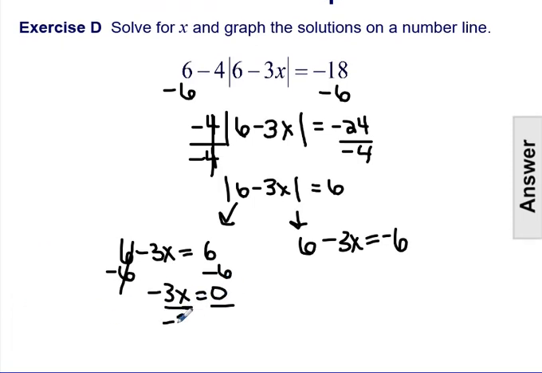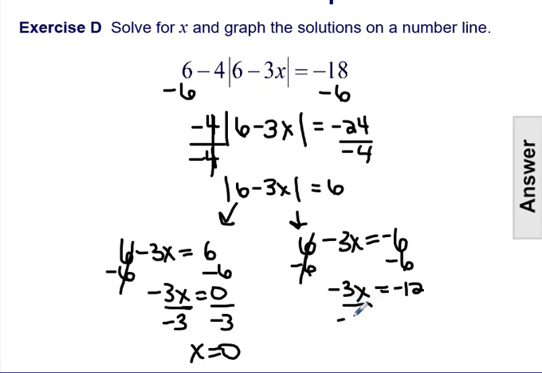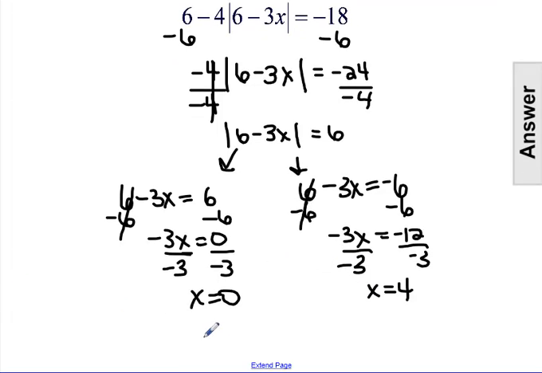So our first solution will be x equals 0. Our second solution, if we do the same steps, we subtract 6 from both sides and we divide by negative 3, will be 4. So graphically on the number line, we're showing solutions of 0 and 4.